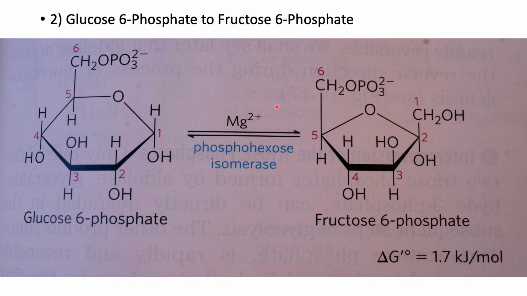The second step is the isomerization of glucose 6-phosphate to the 5-carbon fructose 6-phosphate, with the formation of a methylene and hydroxyl group at the number 1 carbon. So the attachment of the oxygen ester to number 1 is switched over to number 2, and you get a 5-carbon intermediate.